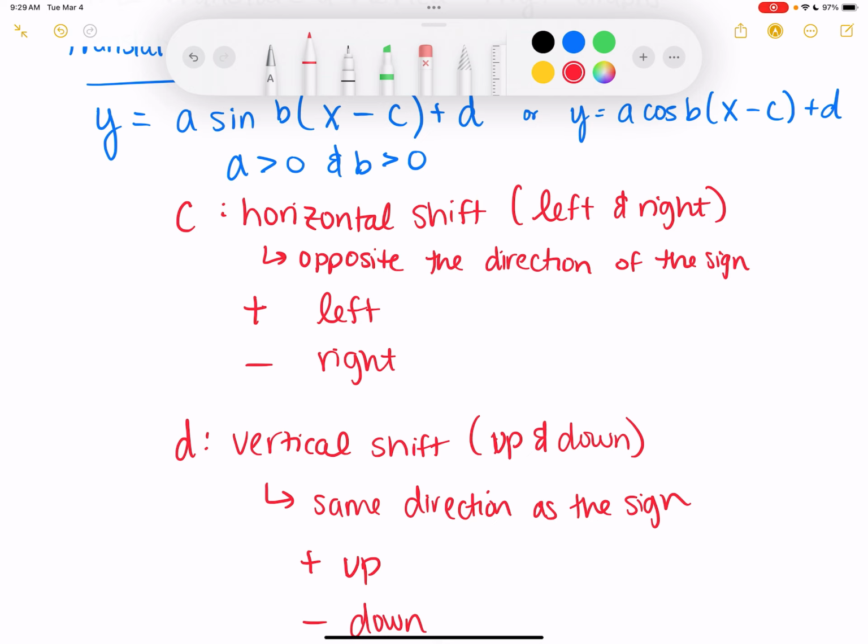But typically, they're not just going to say C is equal to this. They're either going to show you a graph and you have to write the equation, or you're going to be looking at it and saying, okay, based on what I'm given, this graph was shifted left, so I know that I need to make it positive, or whatever.